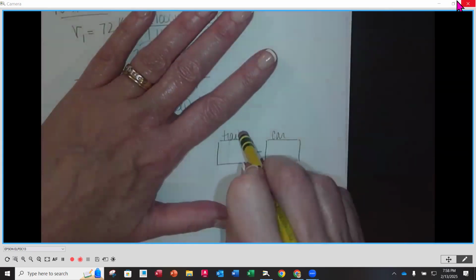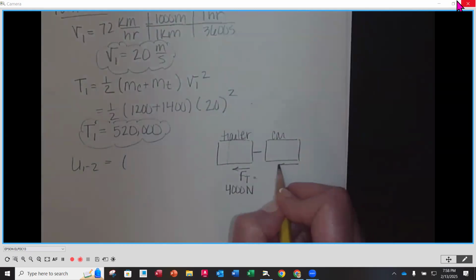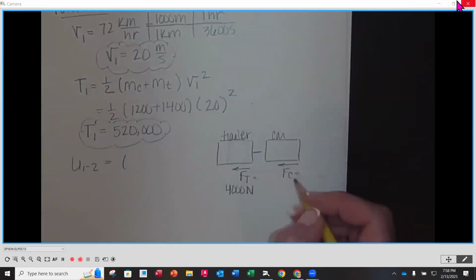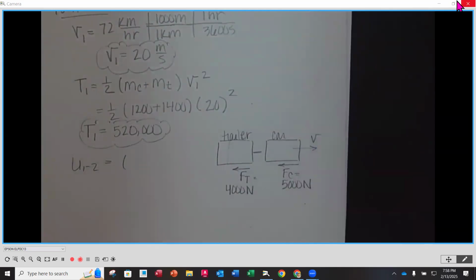We know that there's a braking force on the trailer, which is 4,000 newtons, and we also know there's a braking force on the car, equal to 5,000 newtons. Now, the car and the trailer are going in the direction to the right. The reason I have the force going to the left is because this is a braking force, so it's stopping motion from happening. It has to go in the opposite direction.